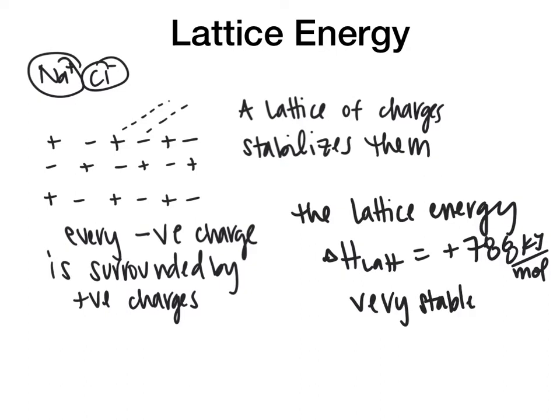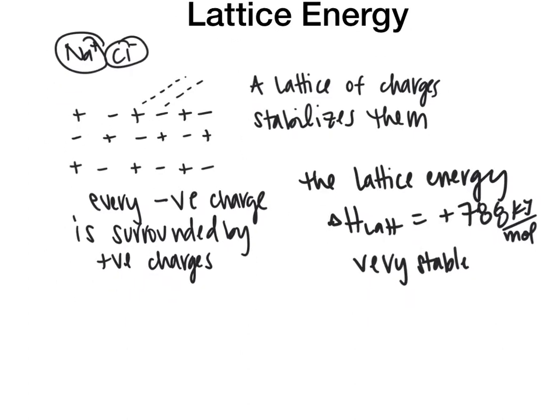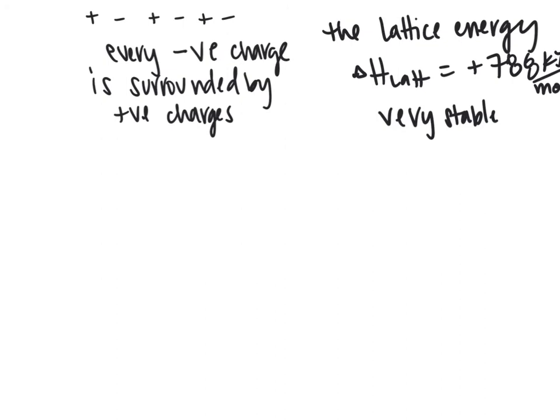When we think about all of these different things, the lattice energy for different compounds is going to change based on the elements. Lattice energy depends on the distance between elements.